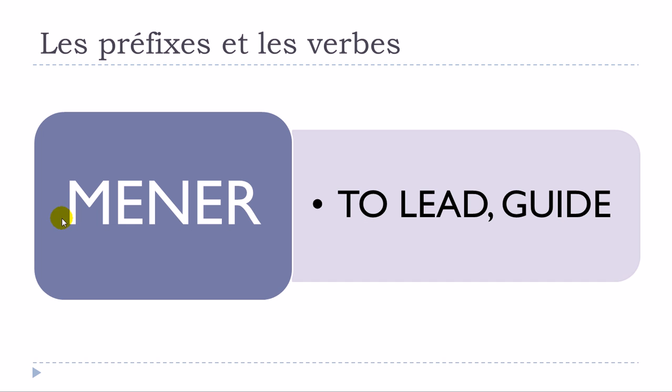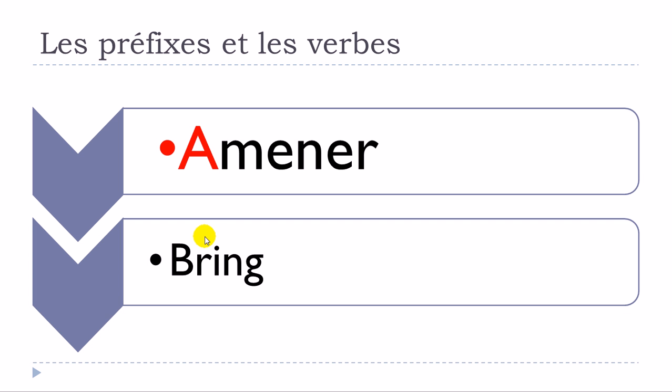And we'll see that by adding a few letters in front of mener, we will actually change the meaning of this verb. So the original meaning of this verb is right here. Okay, so let's see now. The first one is amener. Amener, okay? And you can see here the translation.